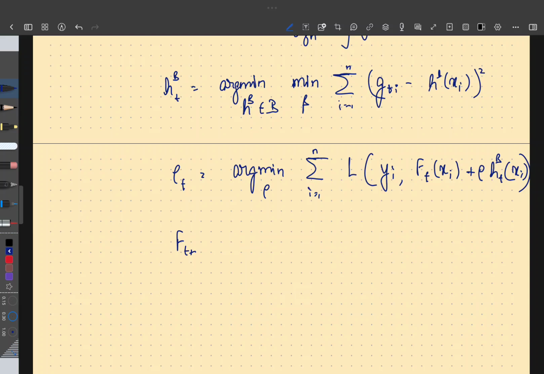And f t plus 1 of x is basically f t of x plus rho t times h t b.